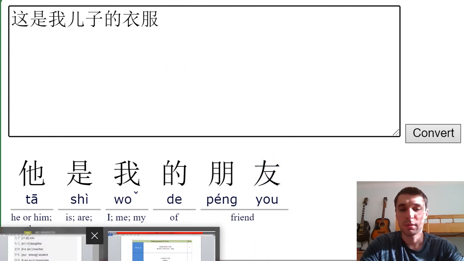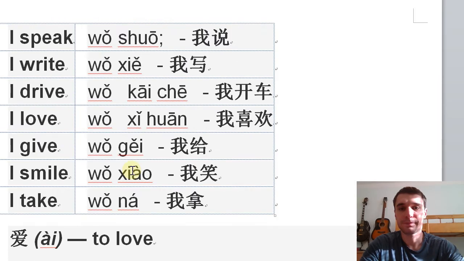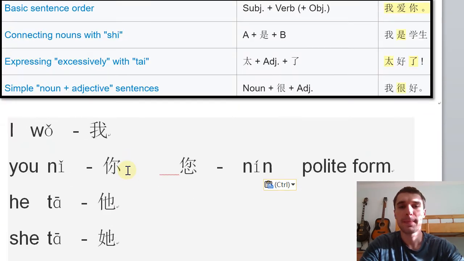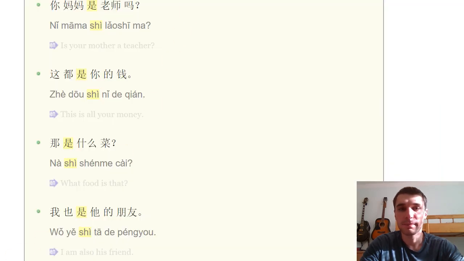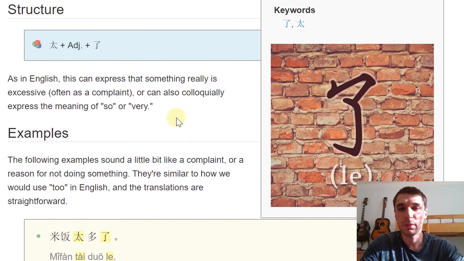Okay, let's talk about the next topic. Expressing excess with 太. What does it mean? So we will say 太, then an adjective, then 了. For example, 太好了, that means very good. Okay, let's read some theory, and you will get it. 太 adjective plus 了.